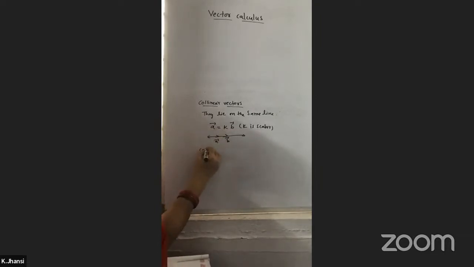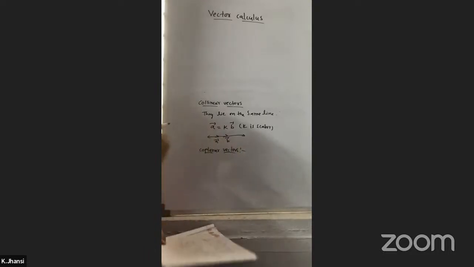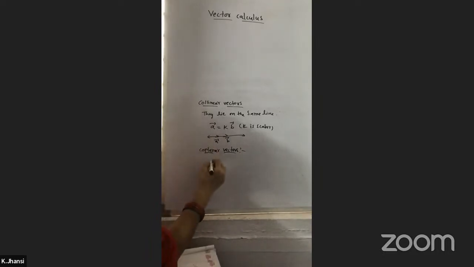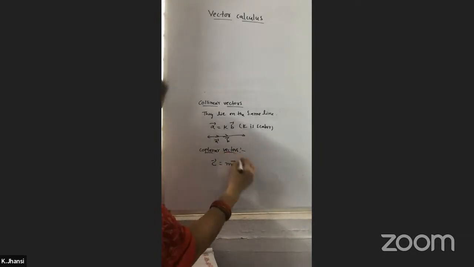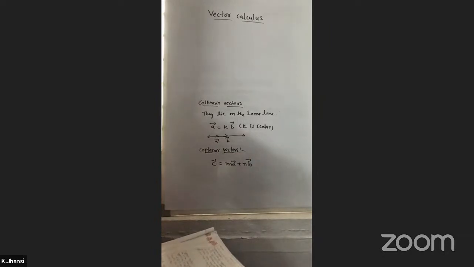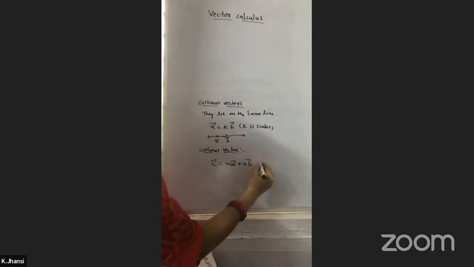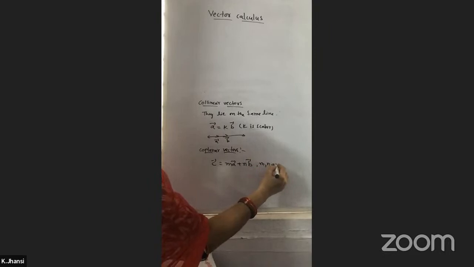Coplanar is represented like this: vector C equals mA plus nB, where m, n are scalars.